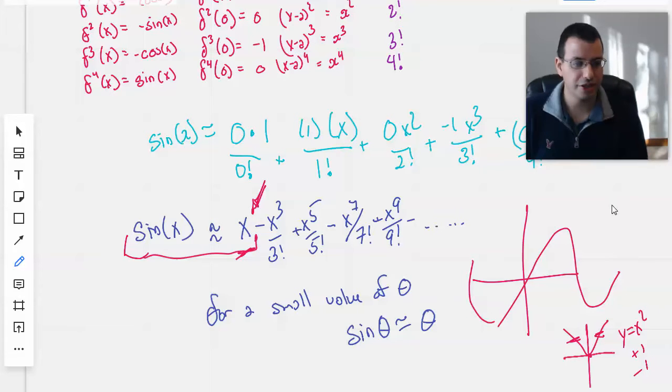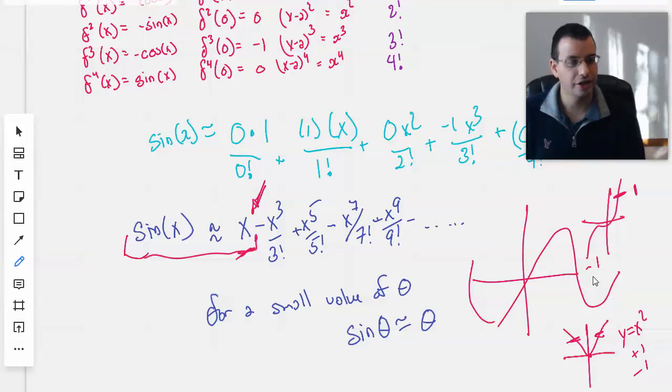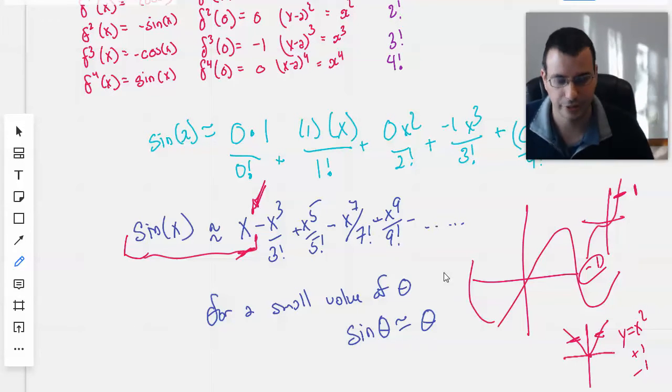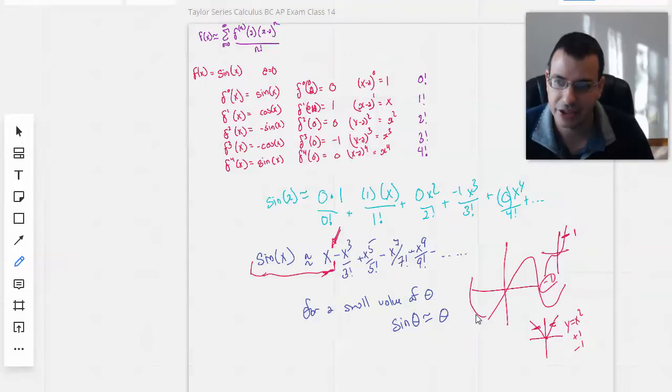Not true with x cubed, which looks something like this, where you put in 1 and you get +1, you put in -1, you get negative. So sine is an odd function. It operates more like x cubed. And by looking at its Taylor series, that kind of makes sense because they're all odd functions in here. And that is sine of x.